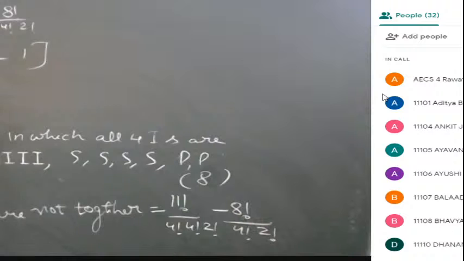Then this will be 15 into 11, 165, minus 4, 161 upon 4. Is this right, students?